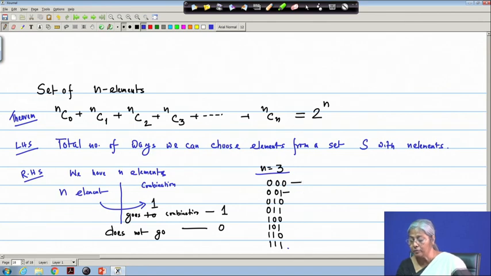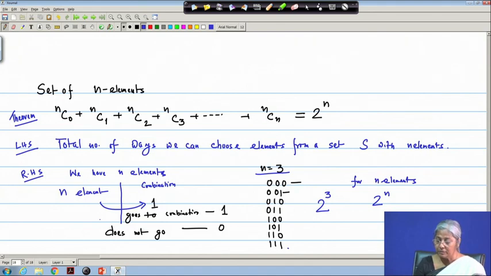If we think in this way, this is a binary representation, as if an n bit binary representation. So, I can write this is 2 to the power 3. For n elements, this count is 2 to the power n.